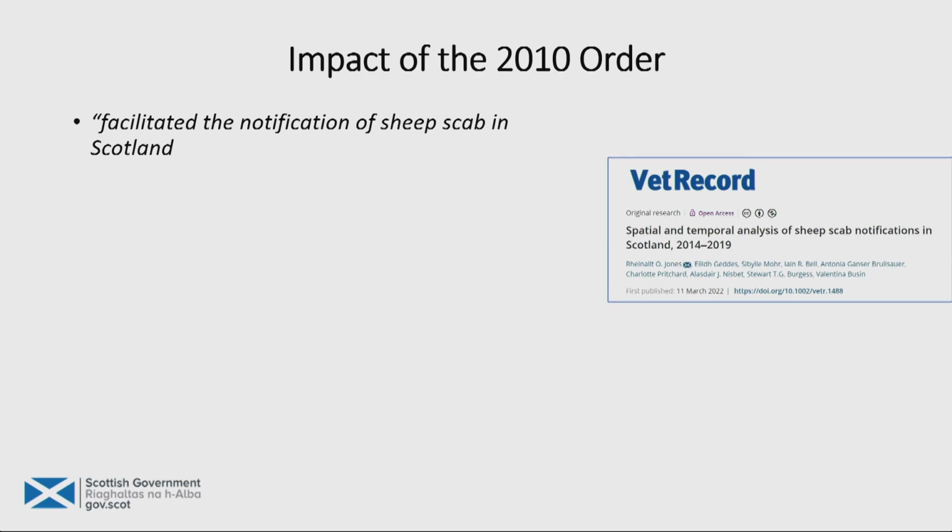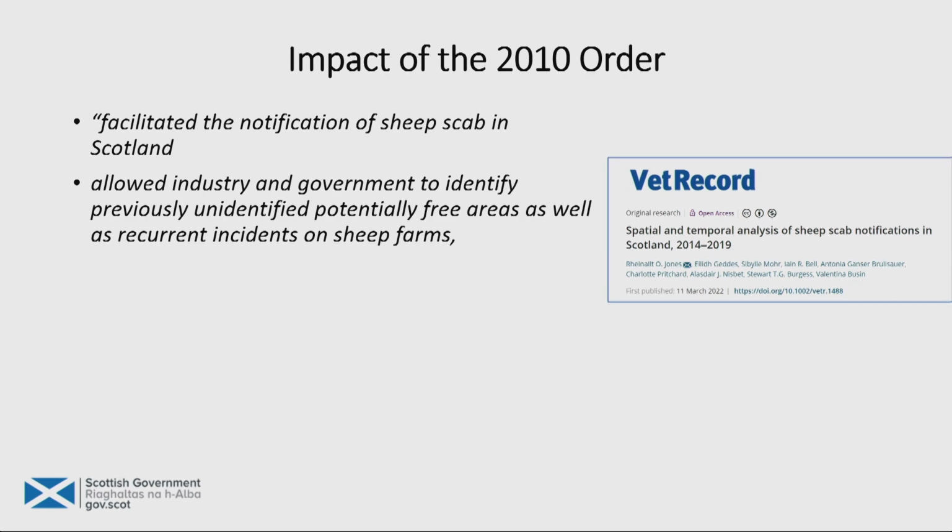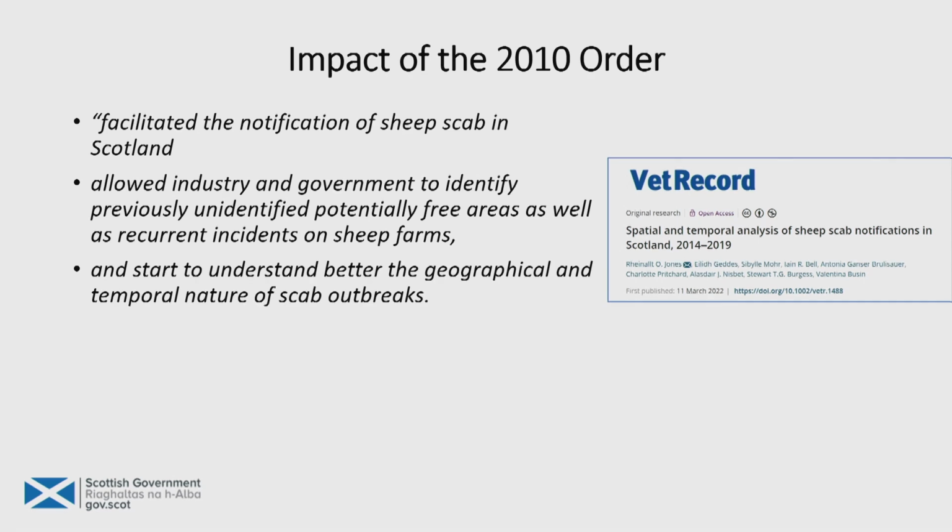So the impact of the 2010 order, which basically made sheep scab notifiable again, has been assessed. Again, esteemed colleagues mentioned, probably too small in this snippet of the paper. And it facilitated the notification of sheep scab in Scotland, and really allowed industry and government to identify potentially previously unidentified potentially free areas, as well as recurring incidents on sheep farms, and really start to understand the dispersion of the disease.